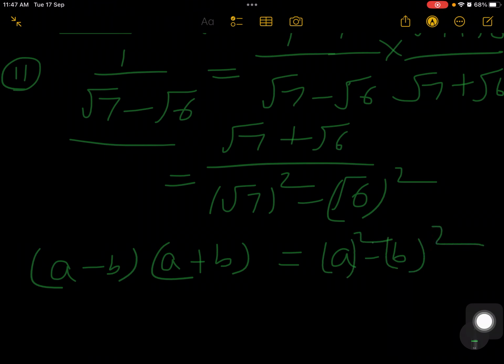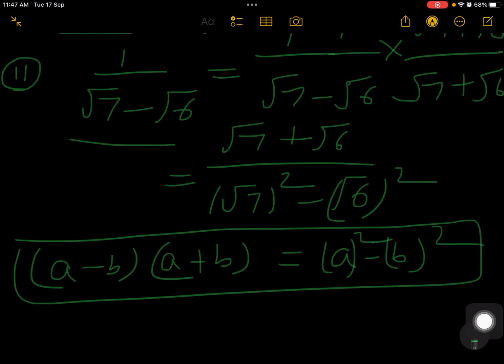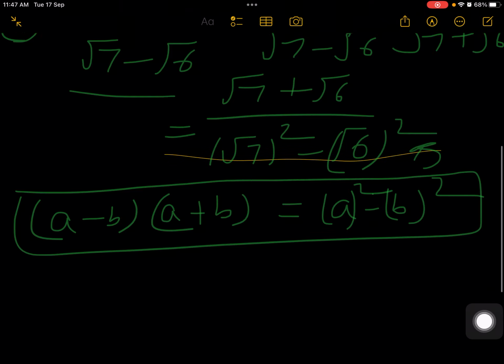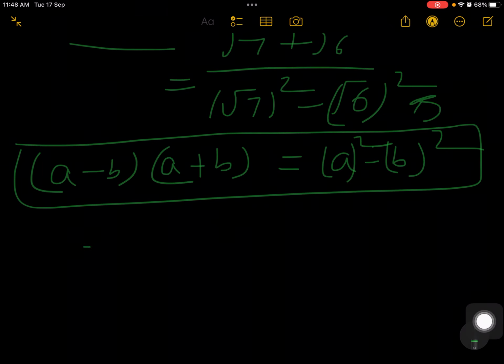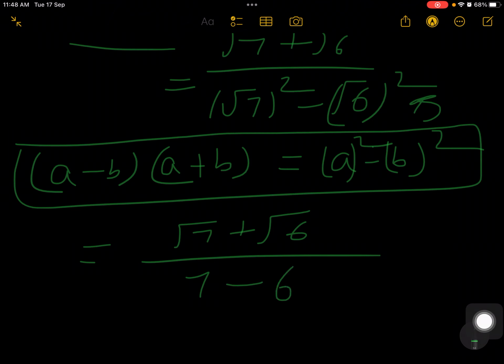When you solve it according to this format, we will get root 7 square, and the upper part will be the same, root 7 plus root 6. Root 7 square is equal to 7, minus root 6 square, which is equal to 6. So when you subtract 6 from 7, you will get 1. So the answer will be root 7 plus root 6.